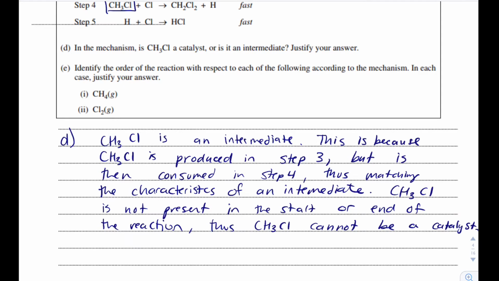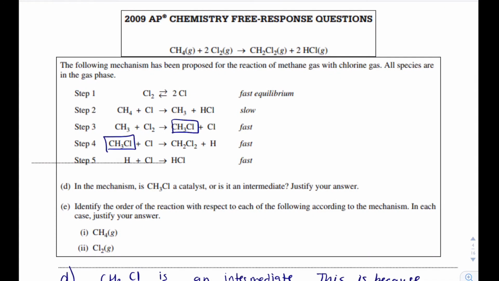Okay, now, in E, it says identify the order of the reaction with respect to each of the following according to the mechanism. In each case, justify your answer. So what we want to do is essentially find the rate law. And you should have learned at this point in the unit that the rate of a reaction is going to be dependent upon the rate determining step.